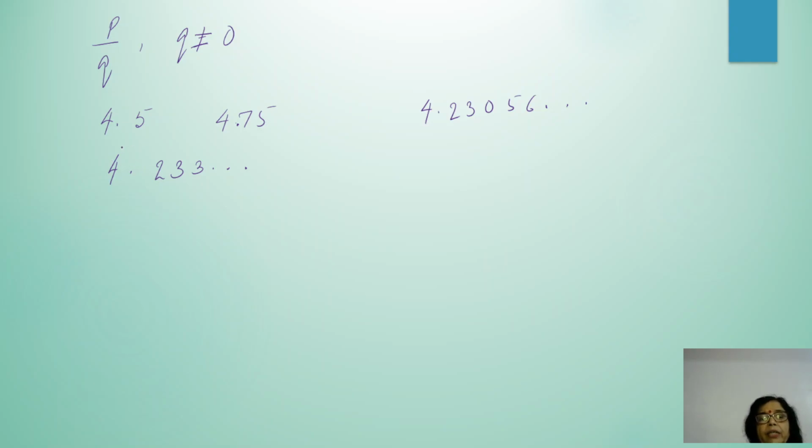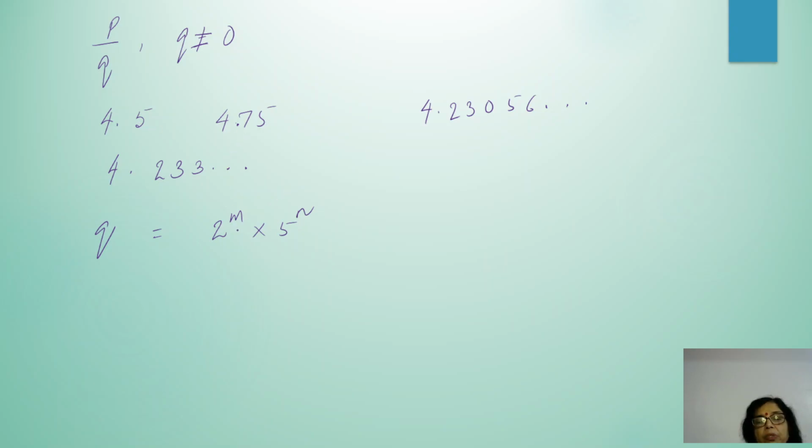Now, getting back to rational numbers, if you get a terminating decimal expansion, how do you understand that you will definitely get a terminating decimal expansion? For that, we check the denominator, that is q. Now, if q can be written as a product of 2 to the power m into 5 to the power n, for some indices m and n, then it is a terminating decimal expansion.